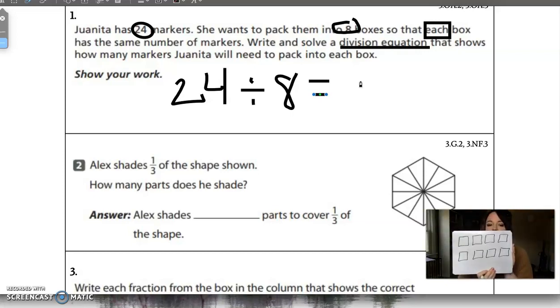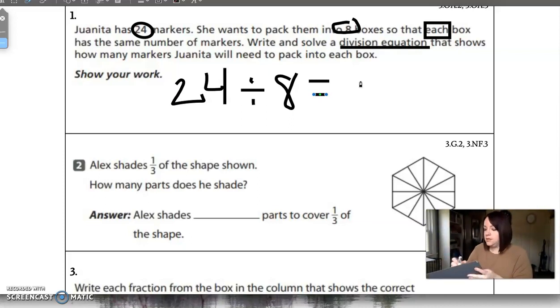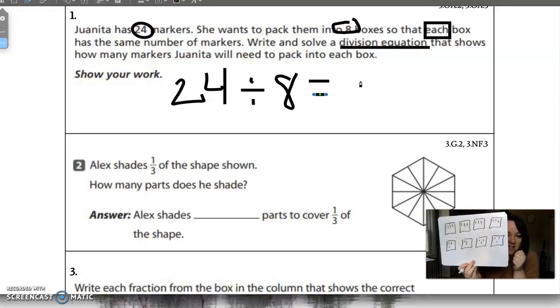Now I have to divide it up. 24 markers. So I'm going to go through and count until I have 24. 1, 2, 3, and so on up to 24. How many are in each box? 3.